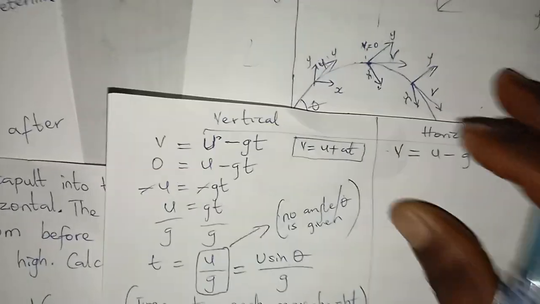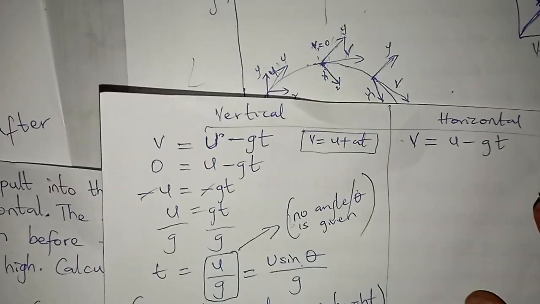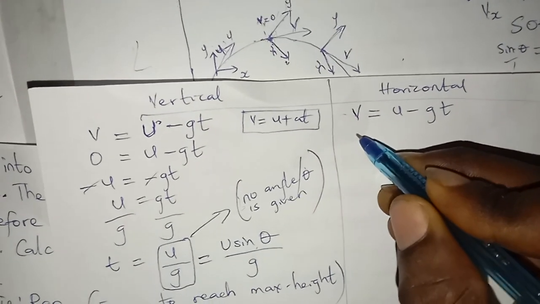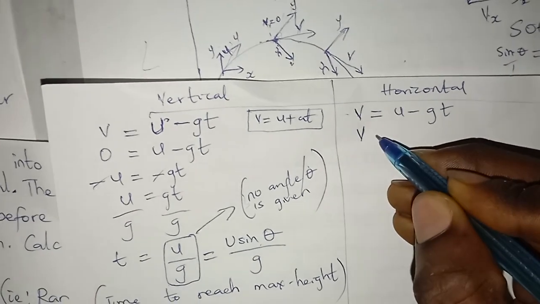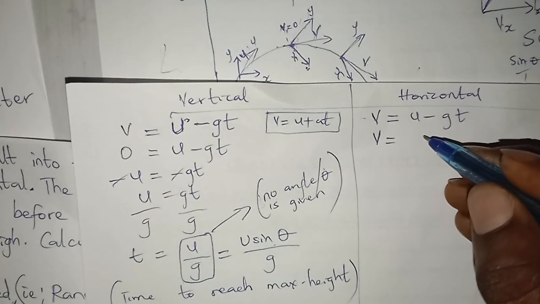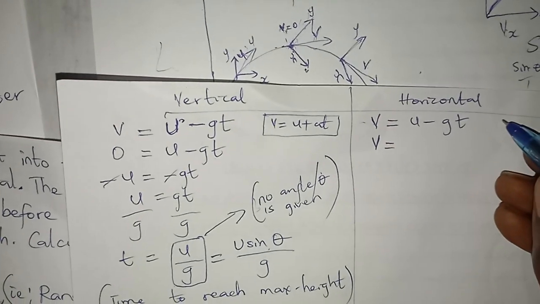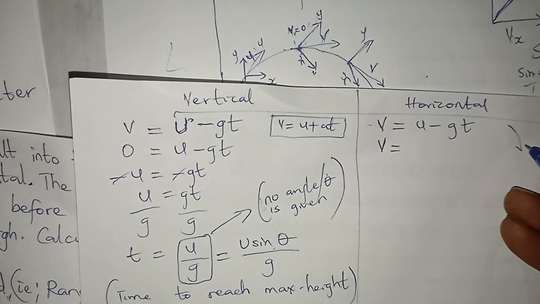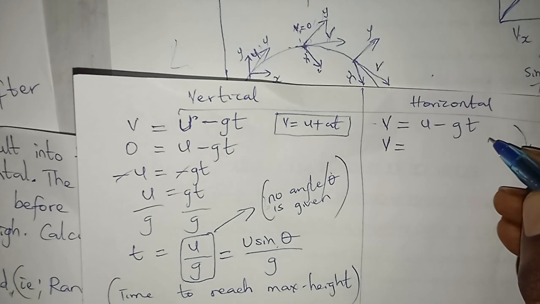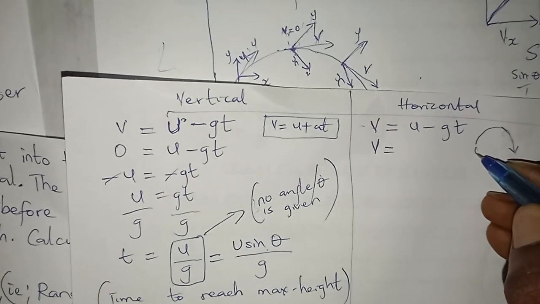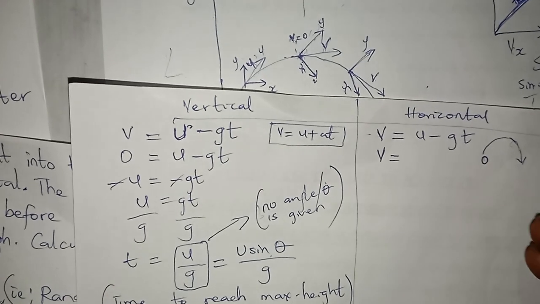So it simply means that you cannot find time to reach maximum height on the horizontal axis, because as the body is coming down, it moved like this and is coming down, its u will be 0, its initial velocity is 0.